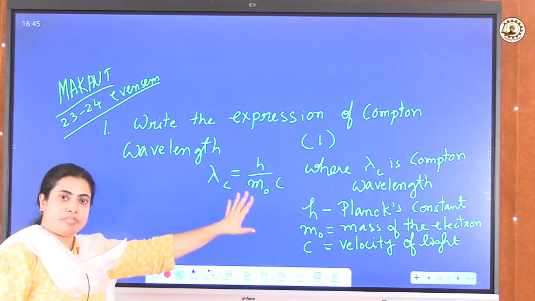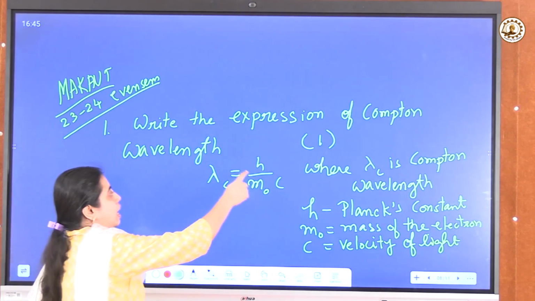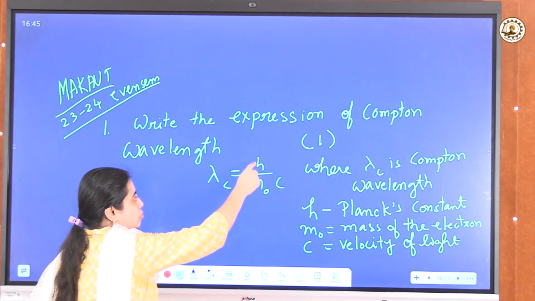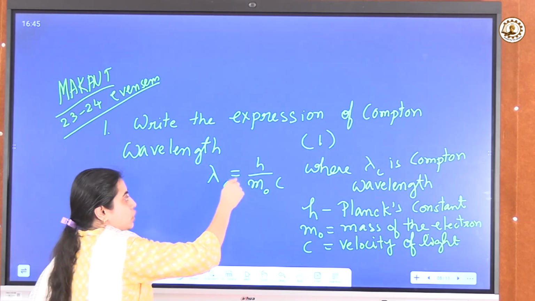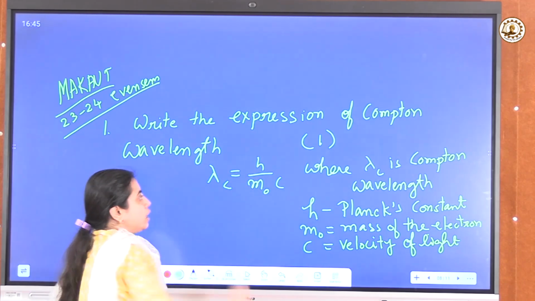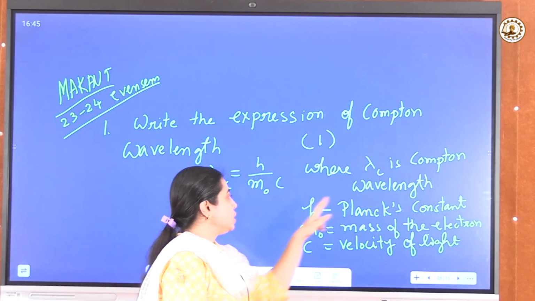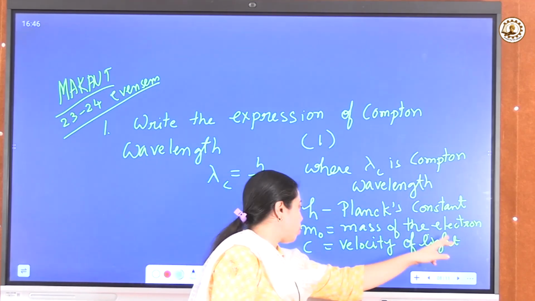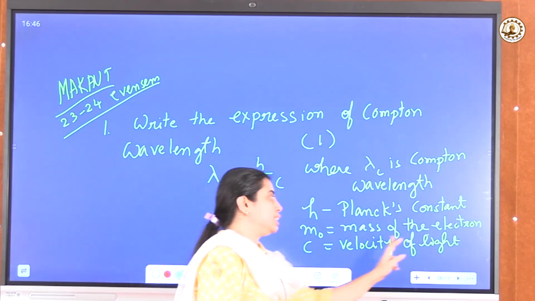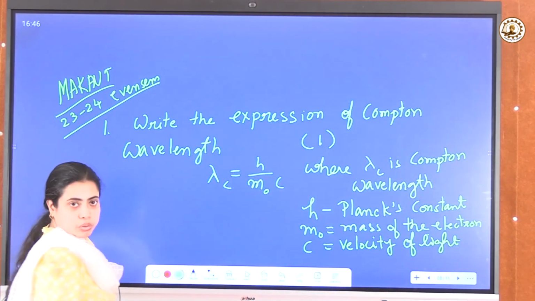In the exam, always indicate which term is what. So lambda c is equal to h by m0c, where lambda c is the Compton wavelength, h is Planck's constant, m0 is the mass of the electron, and c is the velocity of light. This is the answer of this question.